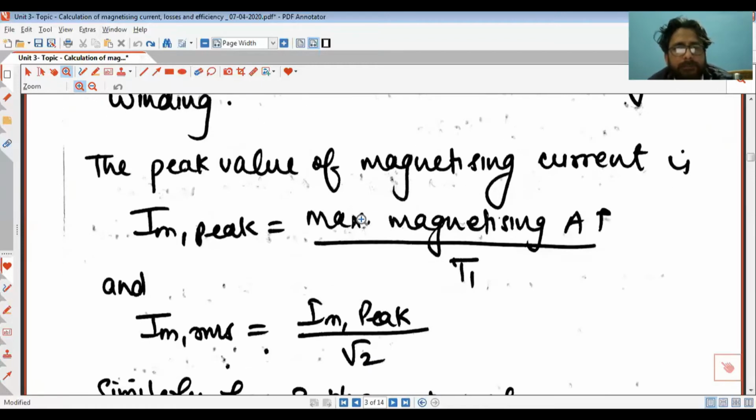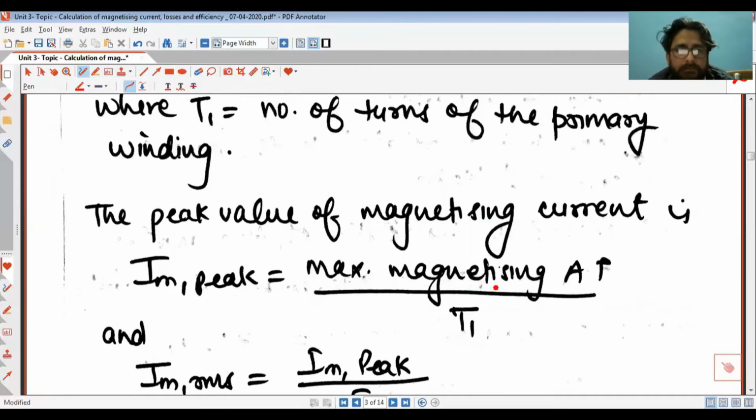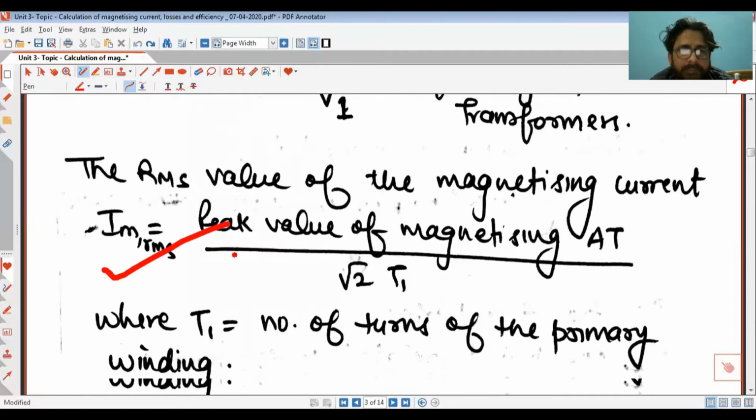So now the peak value of this is the maximum magnetizing ampere turn divided by T1. Okay, so this is the peak value, basically ampere turn by turn. So this is the maximum value. The unit is ampere basically, right? So this equation has been justified here.